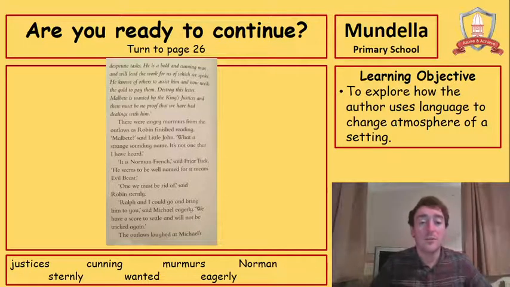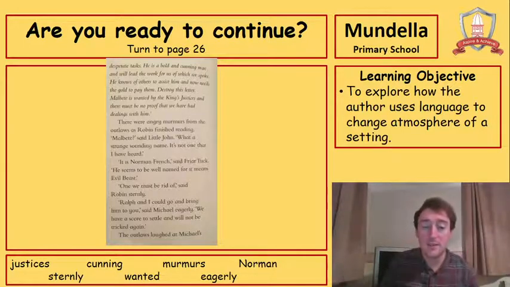He knows of others to assist him, and now needs the gold to pay them. Destroy this letter. Malbeat is wanted by the king's justices, and there must be no proof that we have had dealings with him. There were angry murmurs from the outlaws as Robin finished reading. Malbeat, said John.